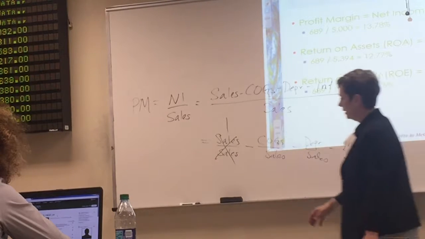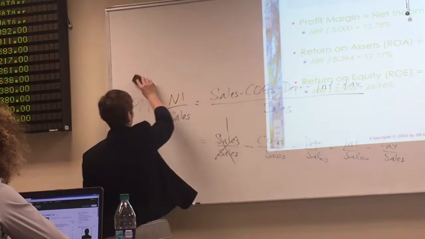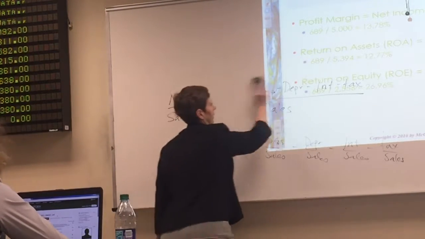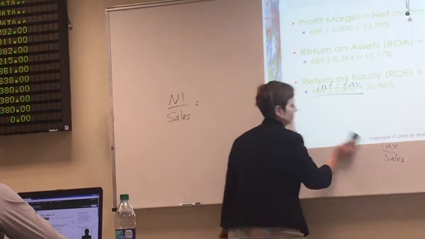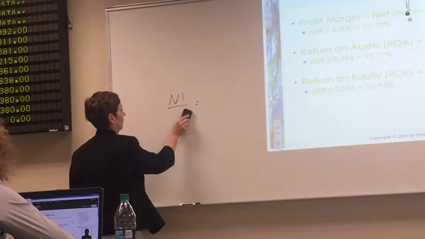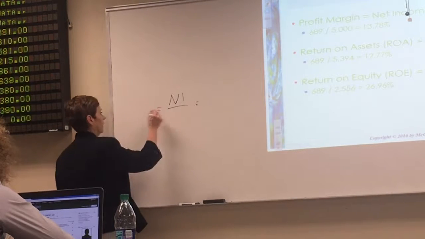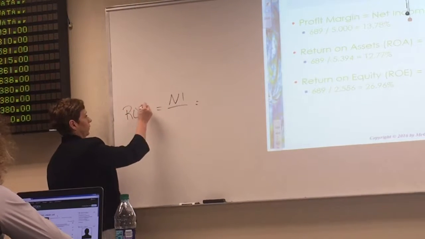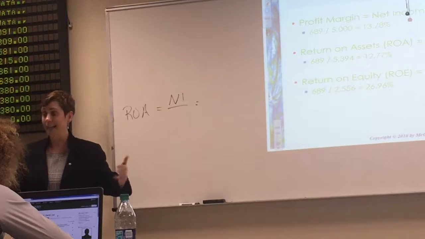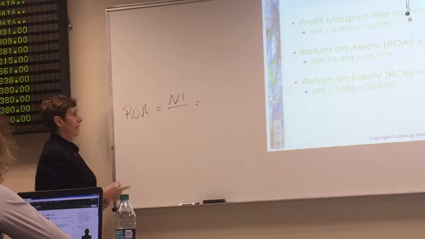And so, like I taught you, return is always in the numerator. The investment to get that return is in the denominator. And our ROA is the first one we're going to take, is our return in the numerator, which is net income, right?